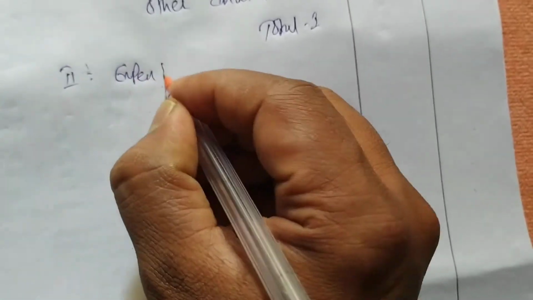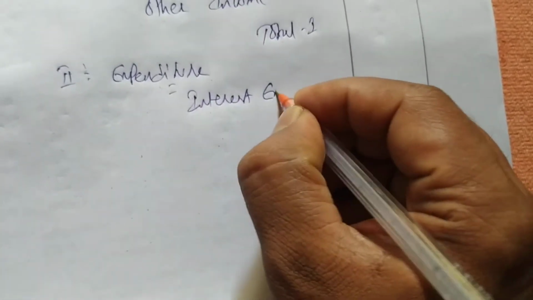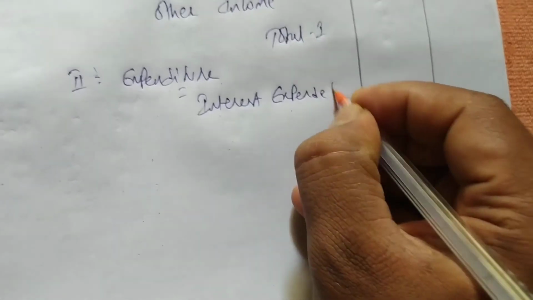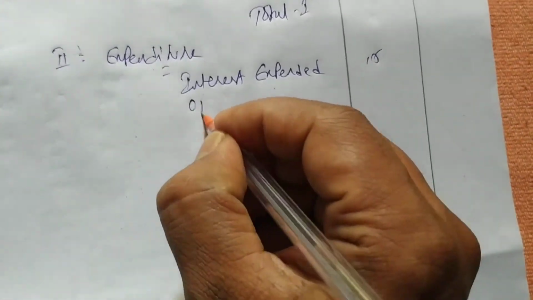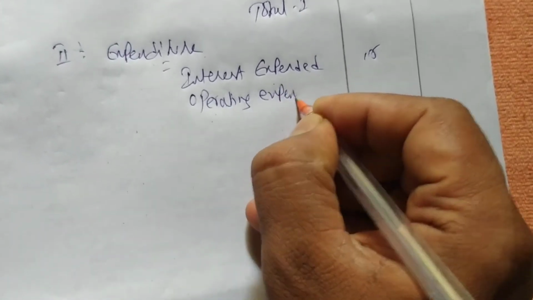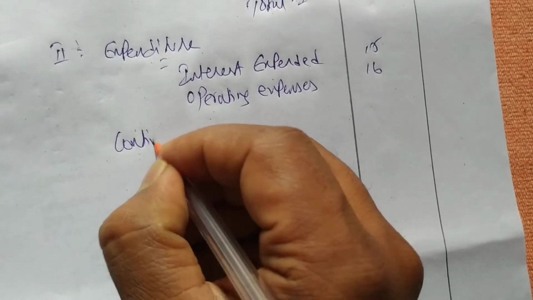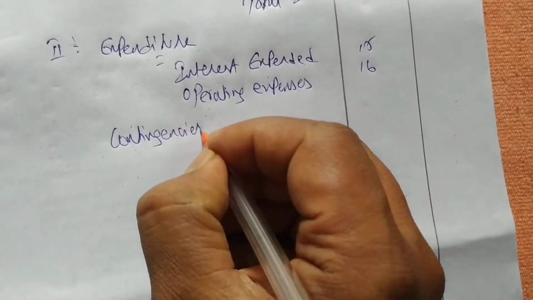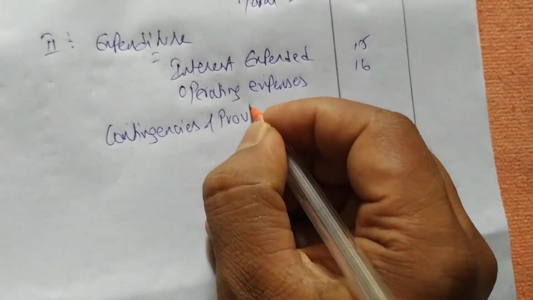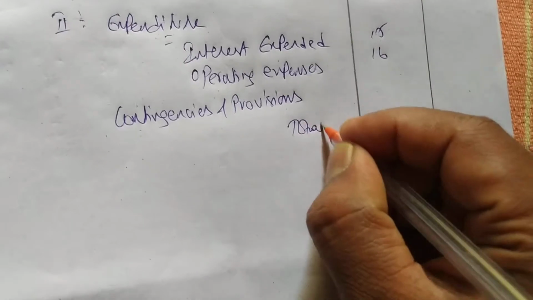Expenditure: interest expended, schedule 15. Operating expenses, schedule 16. Contingencies and provisions. There is no schedule for contingencies and provisions, then we'll write total 2.